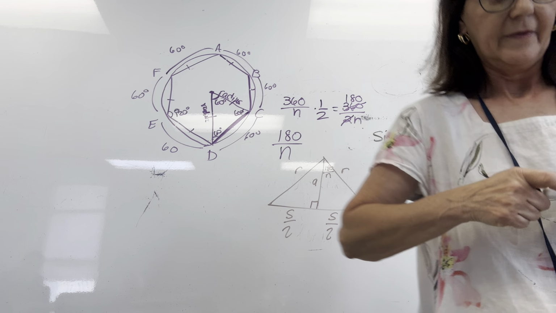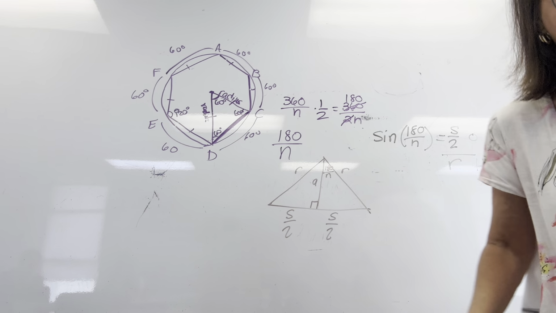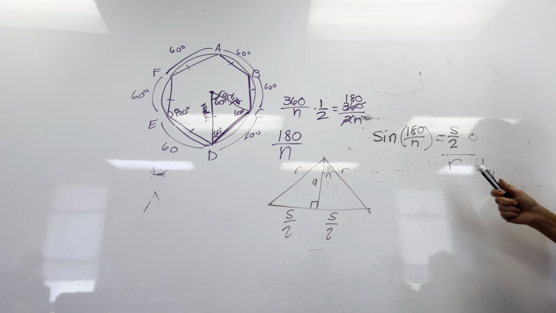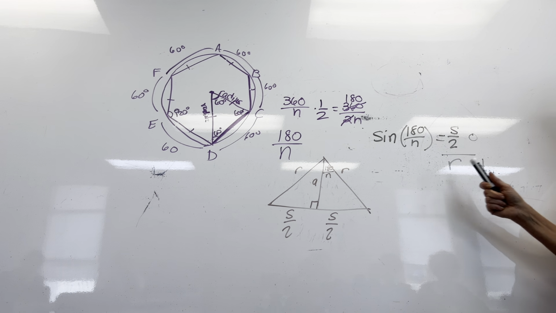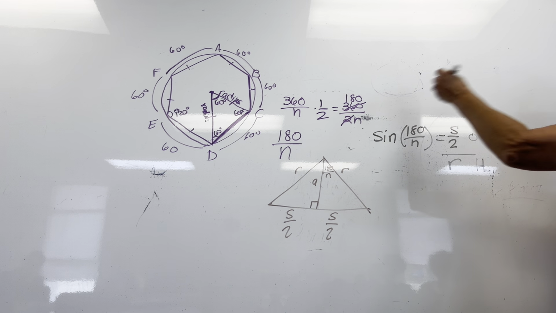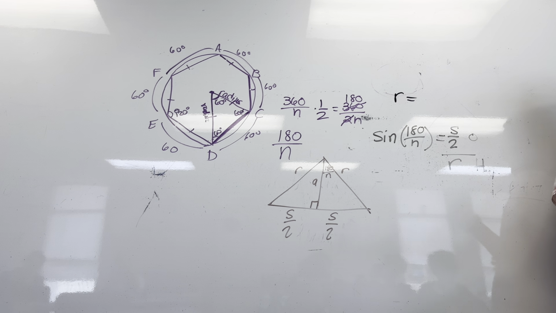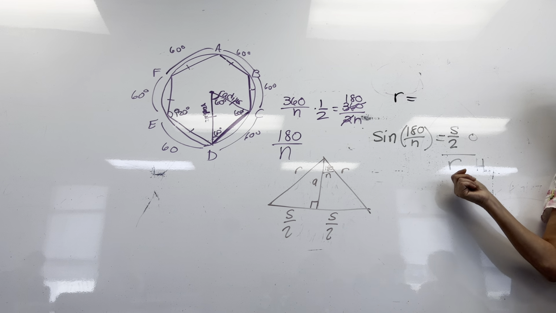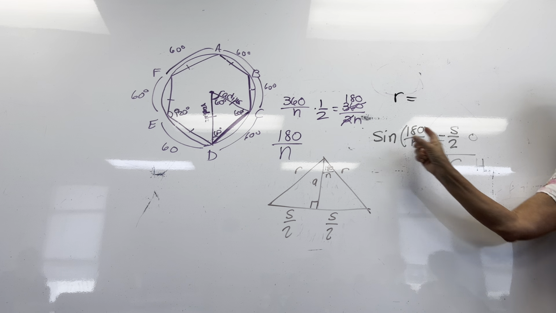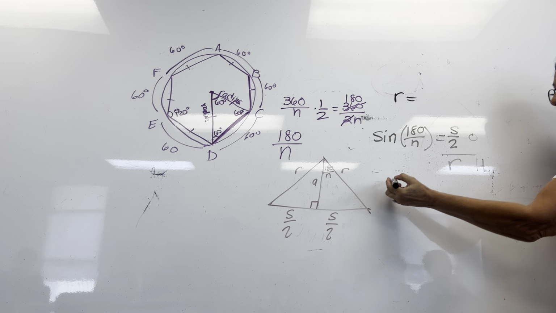Okay, now, do you remember how we solved when I want R equals? Ah, this is a nice one. I want R equals. Do you remember how I said you could swap your extremes? That's what I'm going to do.